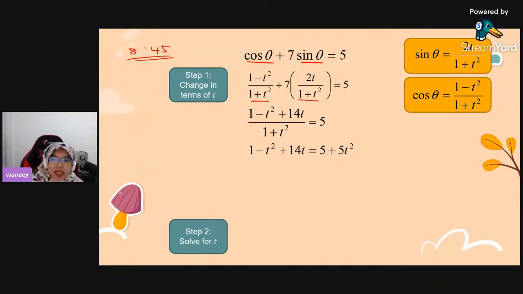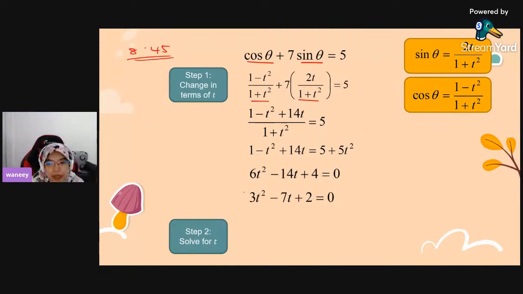Now we are going to collect all the terms to the left hand side or right hand side. Choose either one, just make sure one side is 0 and then we can use our calculator. So we get 6t square minus 14t plus 4 equal to 0. Simplify a little bit: 3t square minus 7t plus 2 equal to 0.